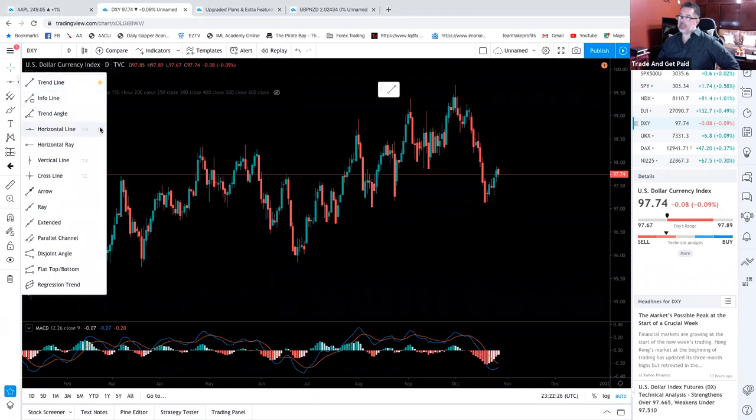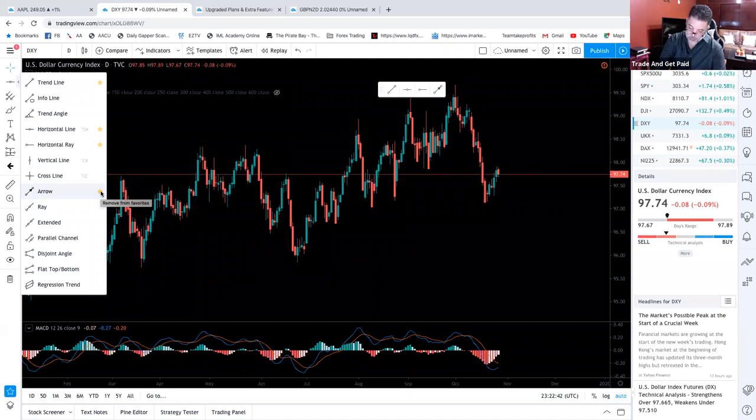The horizontal line I use, I'm going to put a star by it. I use the horizontal ray also, I think, let me see. The ray, the arrow. These are some of the ones I use, and I think that covers those. Let me check those off, just to make sure I get them all, okay?